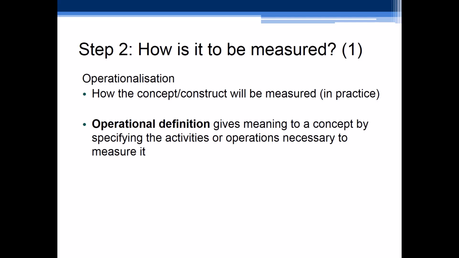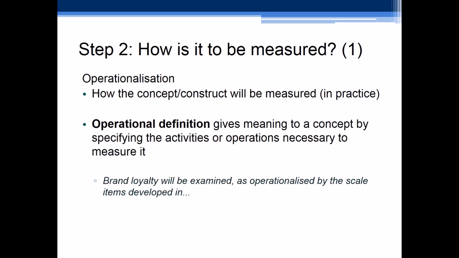Because we can measure these constructs in different ways, I need to state exactly how I'm going to measure it so that you as a reader or someone else could come back and understand not only what I mean by that concept or construct, but also how I went about measuring it. When you do that, you're essentially operationalizing, or specifying in operational terms, how you're going to implement or measure that construct.